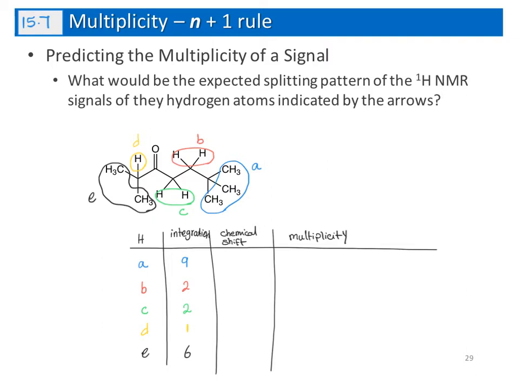Now let's define the chemical shift here. So if we look at the hydrogens right here, we need to consider only one of the groups. If you define the chemical shift for one of them, that can be true for all of these. So this hydrogen is connected to the carbon, and that carbon is connected to another carbon. So there is no electronegative atoms around here. So they are alkane hydrogens.